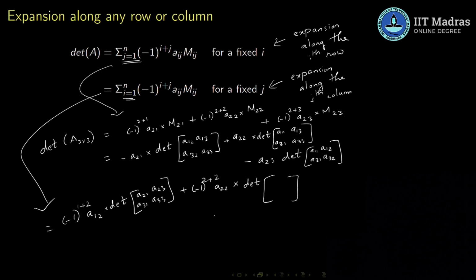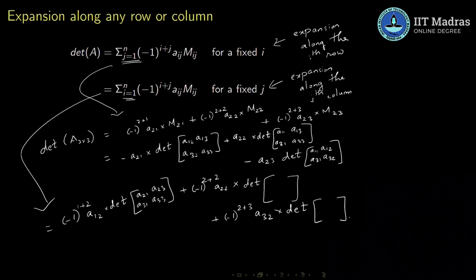I will encourage you to write this down, plus minus 1 to the power 2 plus 3, sorry, this was the second column. So my bad, this is a32 times the determinant of the corresponding matrix you obtain, namely the minor.